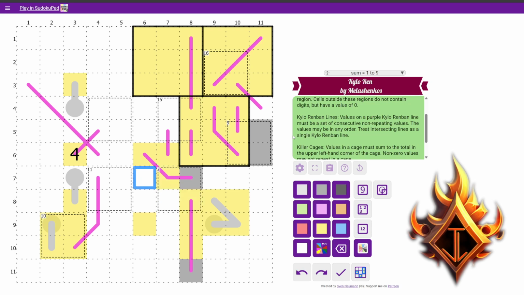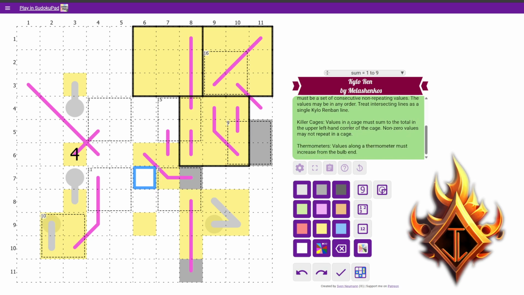Because actual digits, non-zero values, may not repeat. Well, plus we would have to squeeze 3 1s in there, which wouldn't work by Sudoku rules.